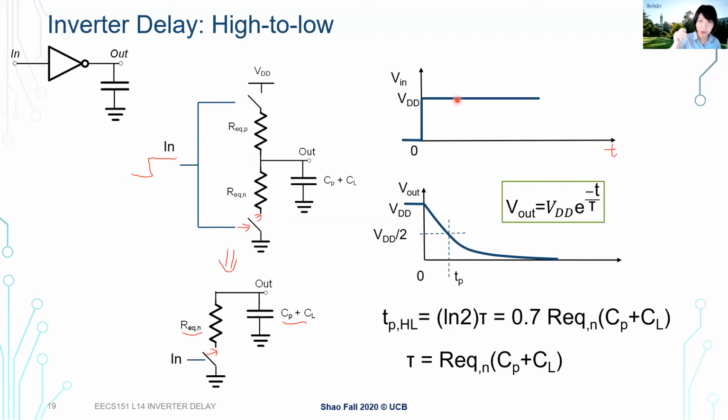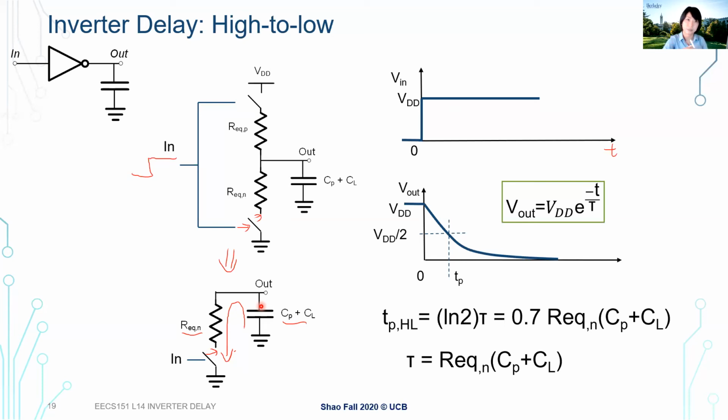The time for our high to low transition is the time it takes to discharge this circuit. Before time 0, my output is high, that's VDD, so my capacitor has some charge stored in it. Once my NMOS is turned on, I have a path through the resistor to connect my capacitor to ground.